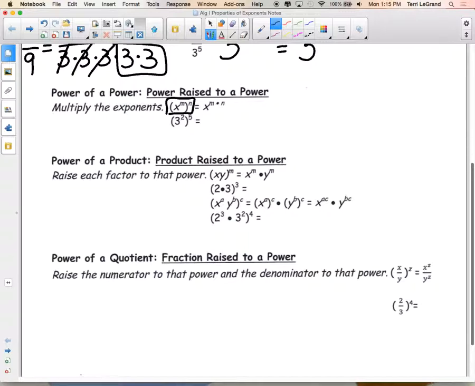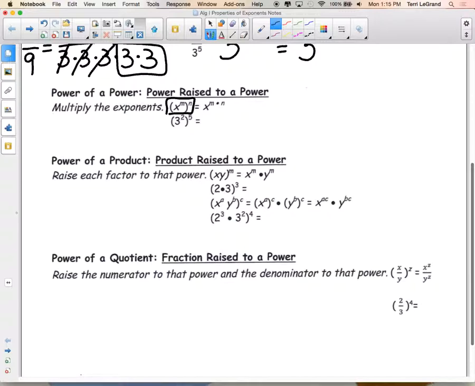Multiply m and n. Multiply the exponents. Can we make that 2m or 2n? Are m and n like terms? No. So notice it becomes x to the m times n power.